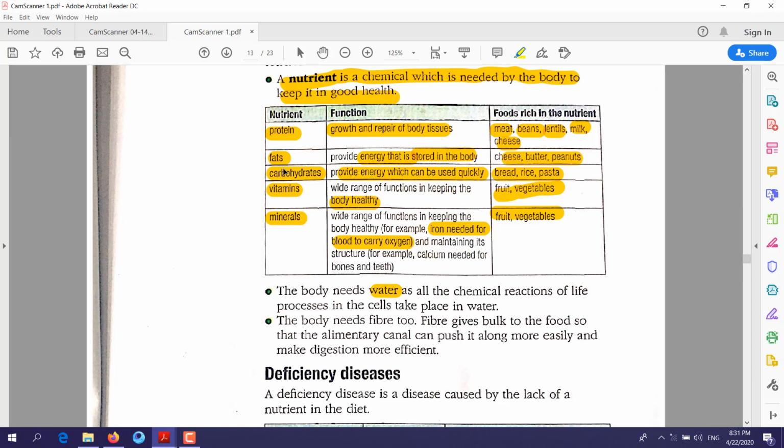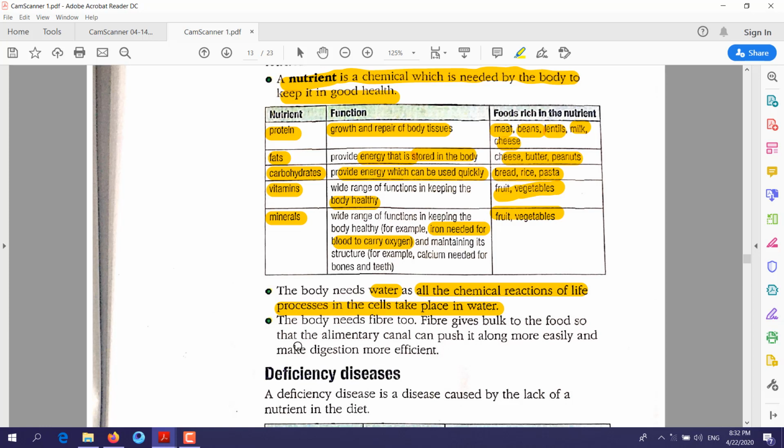So what do these chemical reactions need in order to take place? They need water. The body needs water as all the chemical reactions of life processes in the cell take place in water. So why is water important? Because it's required for the chemical reactions in the cell.